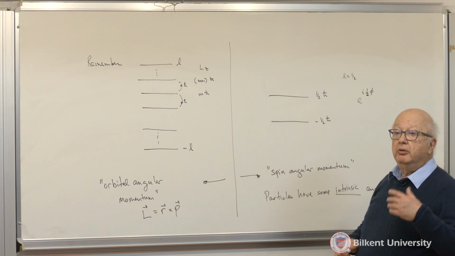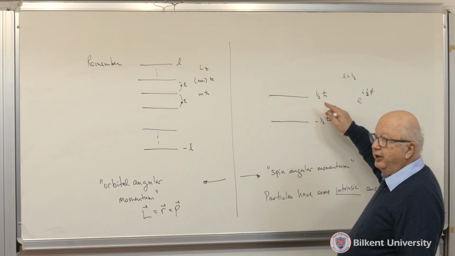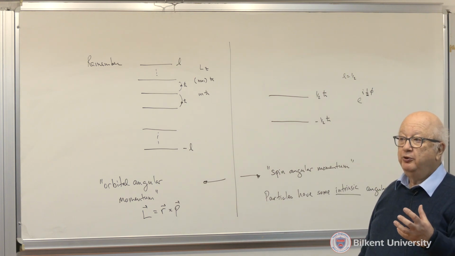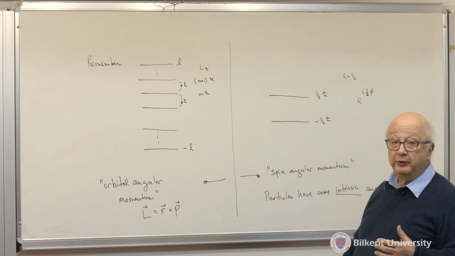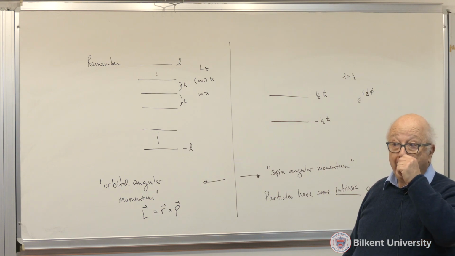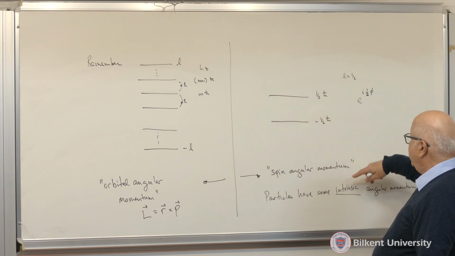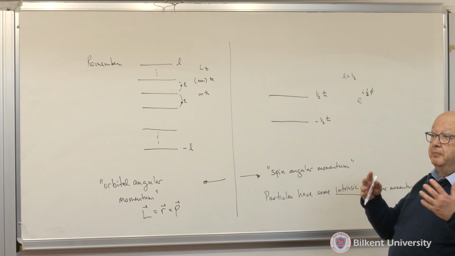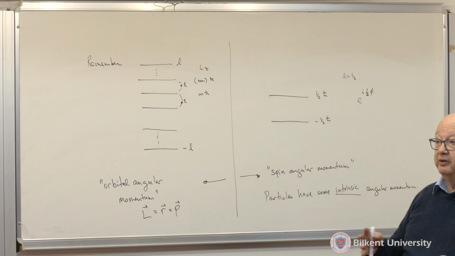So we still allow things like 1 h bar, 2 h bar, 3 h bar, as in the orbital angular momentum, but a particle can also have half an angular momentum. A half angular momentum means that this m can be plus a half or minus a half. In fact, the particles are separated into two types.